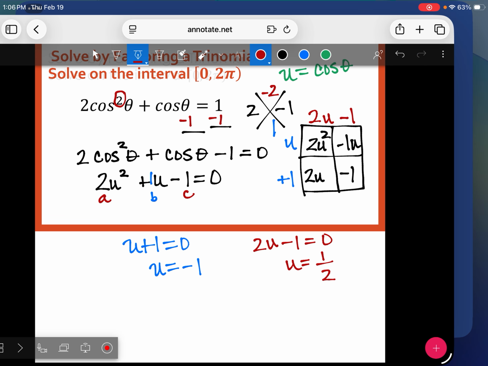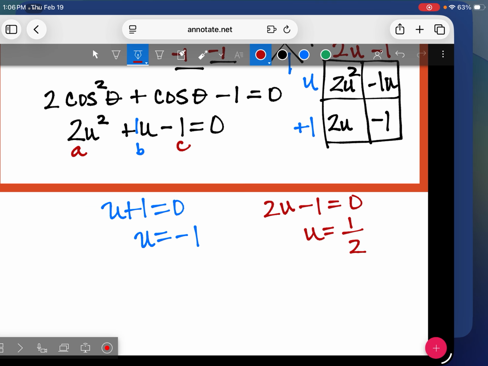Okay. Now, what did we say u was in this question? Cosine. So now what I want you to do is tell me where on the unit circle is cosine negative 1 and where on the unit circle is cosine 1/2. And there should be two answers for the 1/2.